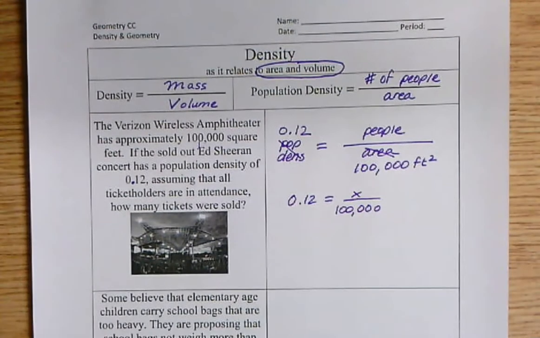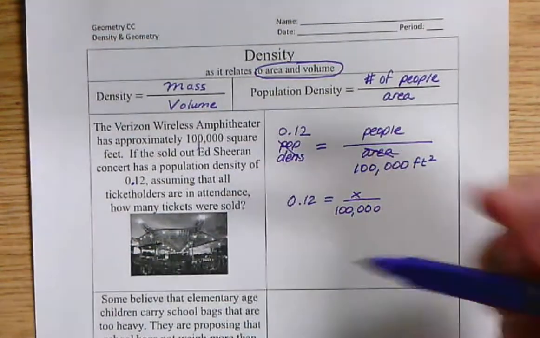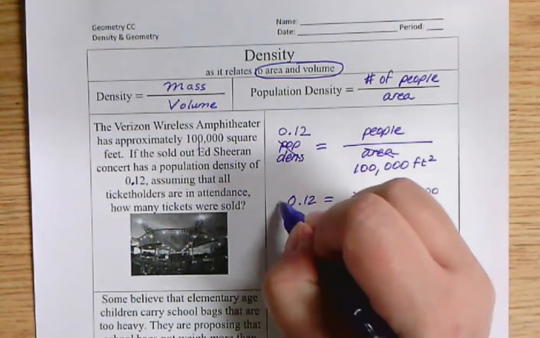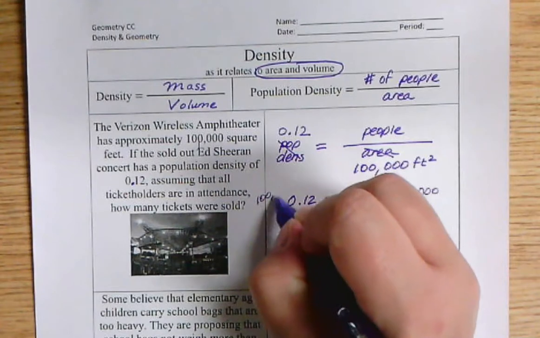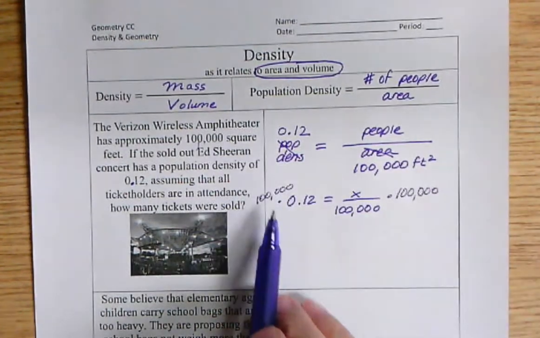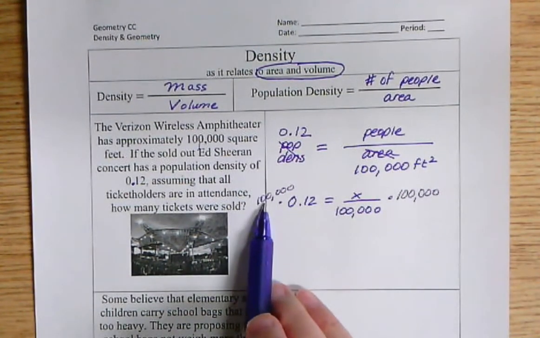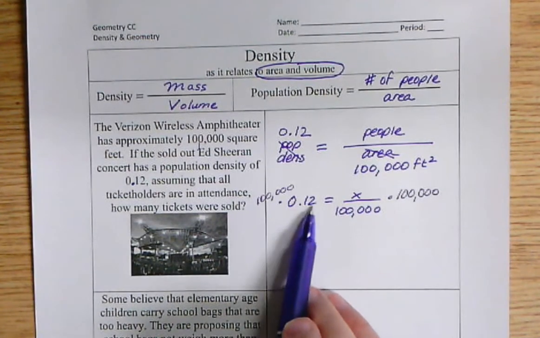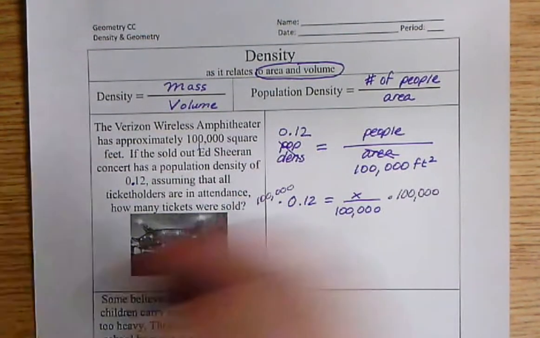If we have something in the denominator, the easiest way to get rid of it is to multiply by it on both sides. So I'm going to multiply by 100,000. And however many zeros you have when you're multiplying, that's how many places the decimal moves. So 1, 2, 3, 4, 5, the decimal's going to move 5 places.